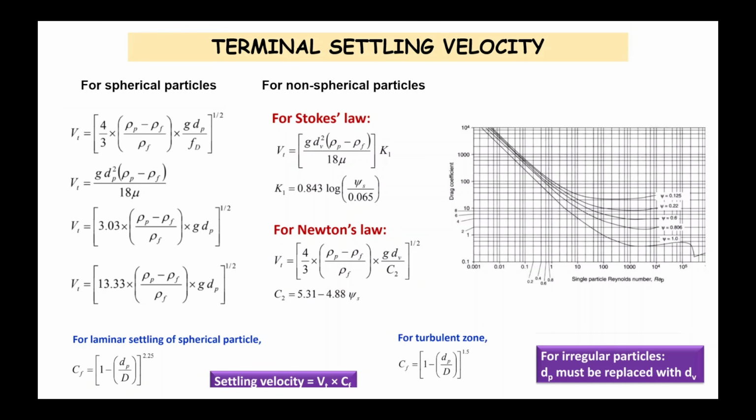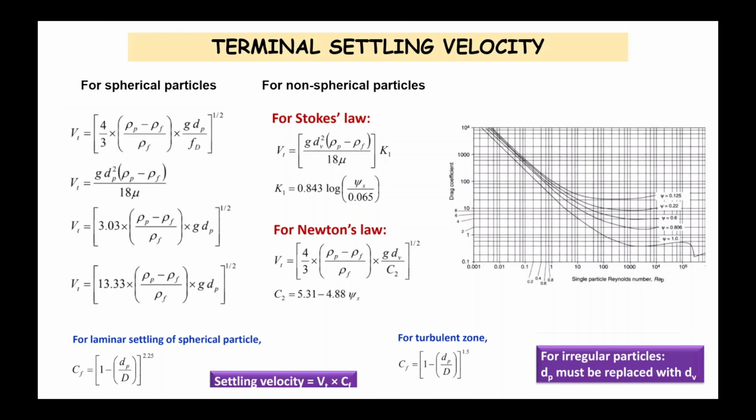Now fd here is called a drag coefficient. This drag coefficient is going to vary based on the value of the Reynolds number. If the flow is laminar, or if the Reynolds number is less than 0.1, then fd is equal to 24 by Re. Once you substitute that, the terminal velocity equation reduces to equation number 2, that is g dp square times rho p minus rho f by 18 mu.